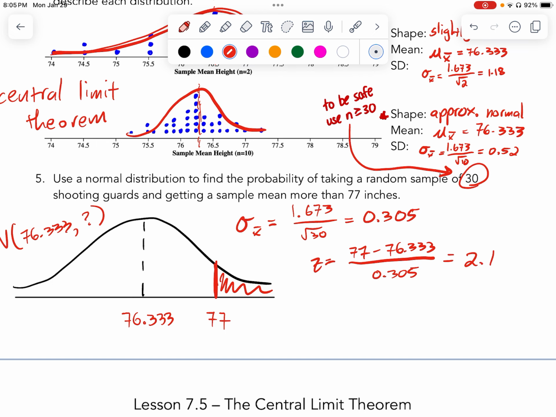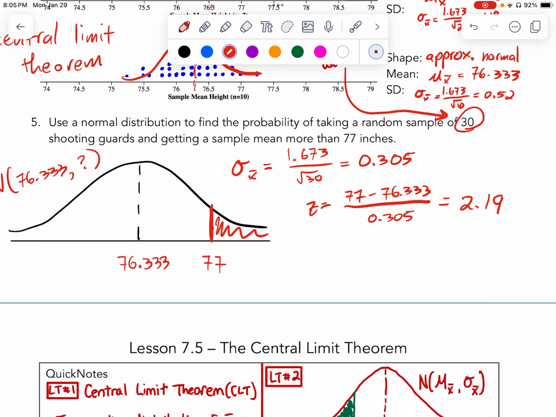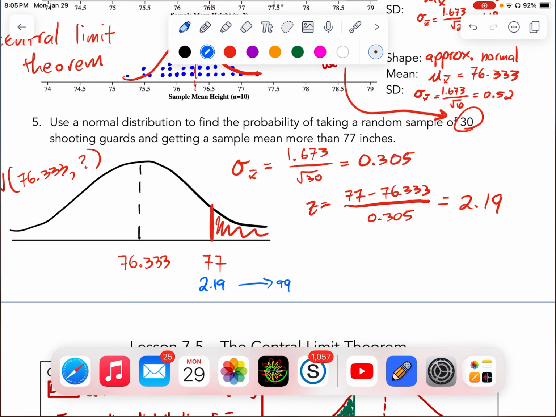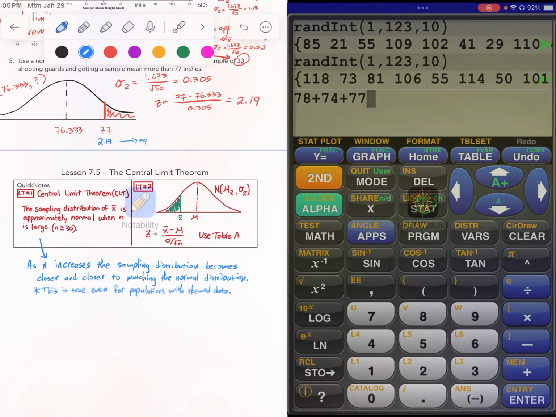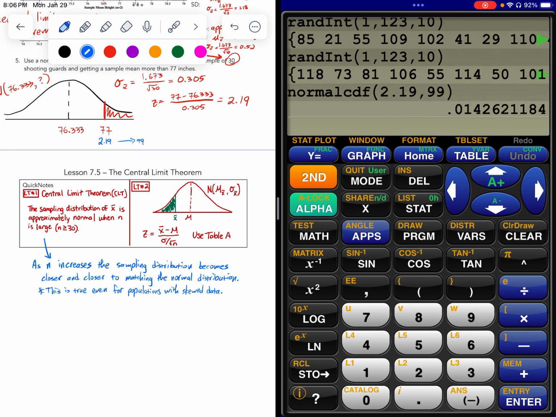giving me a pretty big z-score of 2.19. We know there's not much data beyond 2 standard deviations, but at this point, you could put your 2.19 here, and remember it keeps going way out to 99. You could do your normal CDF, 2.19 comma 99, and you get about 1.4%.